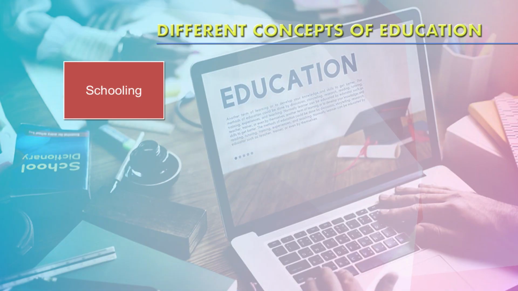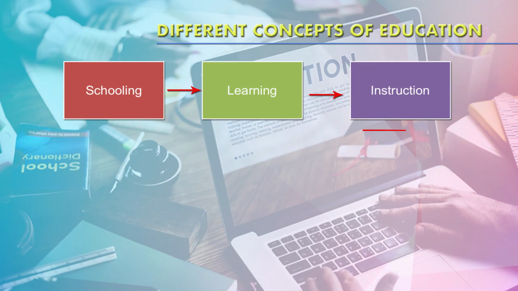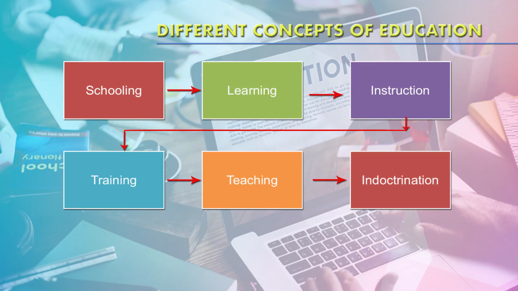Let us go forward. As I have already said, these are certain concepts which have a type of connotation, and though it seems like the meaning and the concept of these terms are same, actually it is not same. Just like the concepts that we use in a teaching learning process in education, that is we use the term schooling, further we use the term learning, then instruction, then training, then teaching and indoctrination.